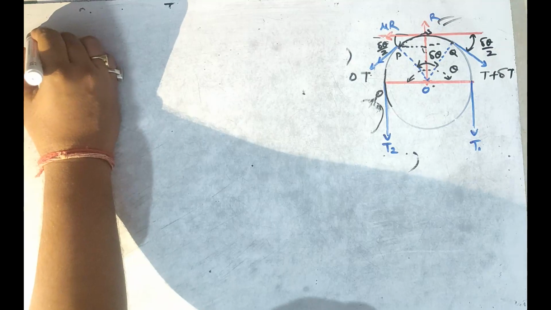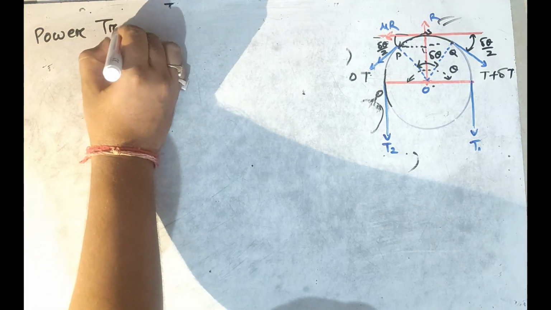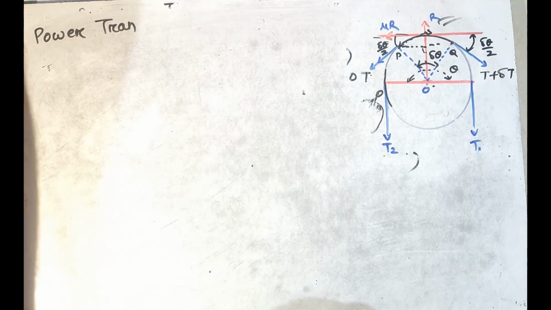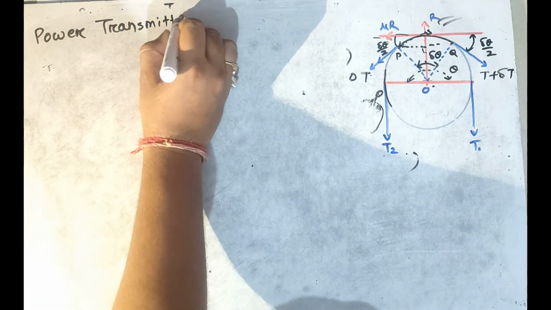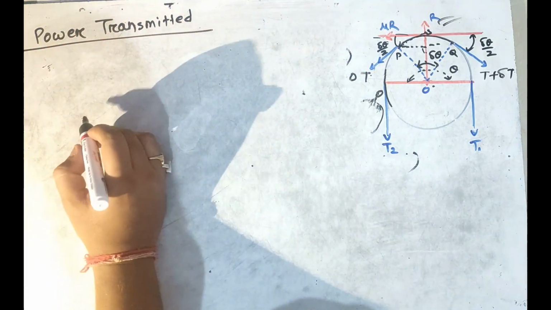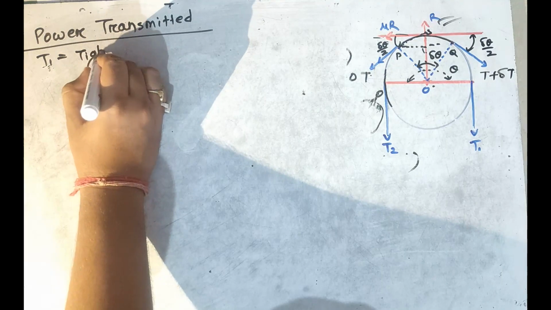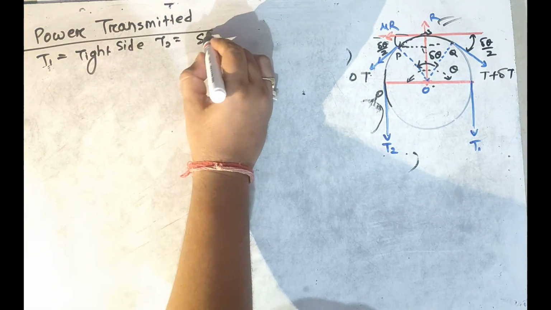For power transmitted, we already know T1 is the tight side tension and T2 is the slack side tension.